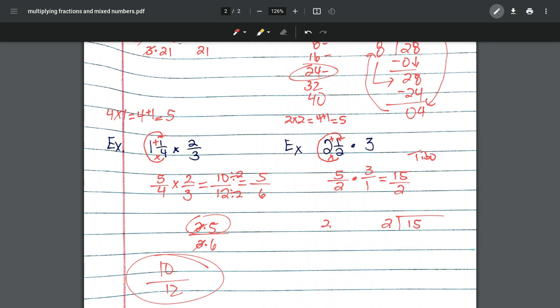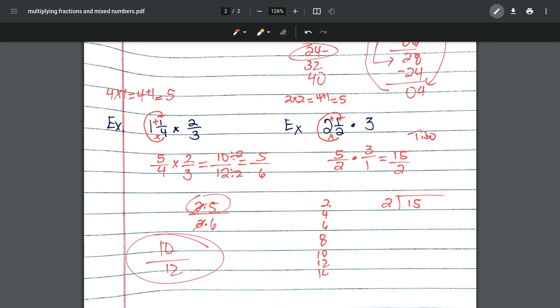And I'm just going to skip count by 2s. 2, 4, 6, 8, 10, 12, 14, 16, 18, okay? 2 won't go into 1, but 2 will go into 15. 1, 2, 3, 4, 5, 6, 7 times. Subtract the 14. So this ends up being 7 and then 1 over 2. 7 and 1/2. But only TIBO if the top number is larger and the bottom number is smaller, okay?